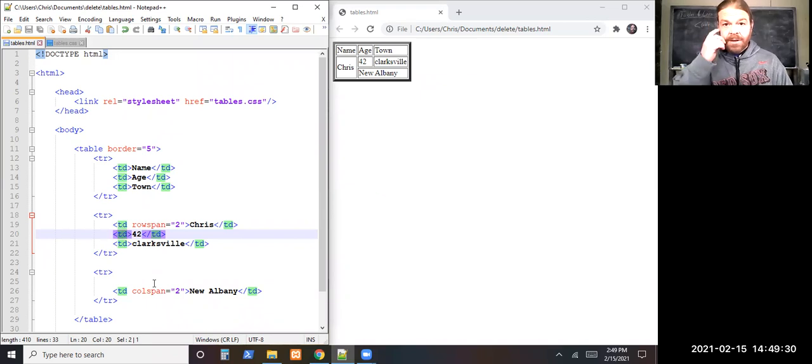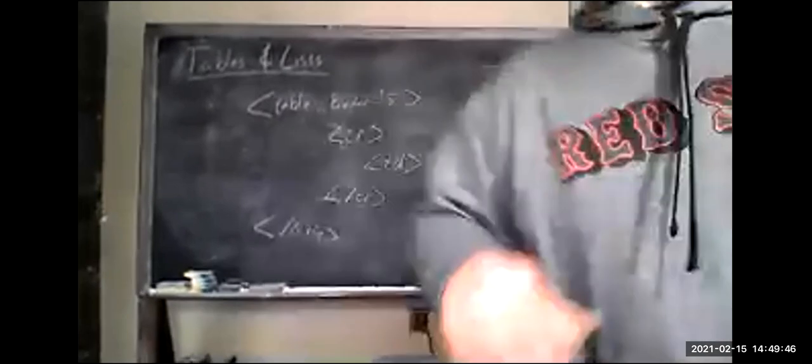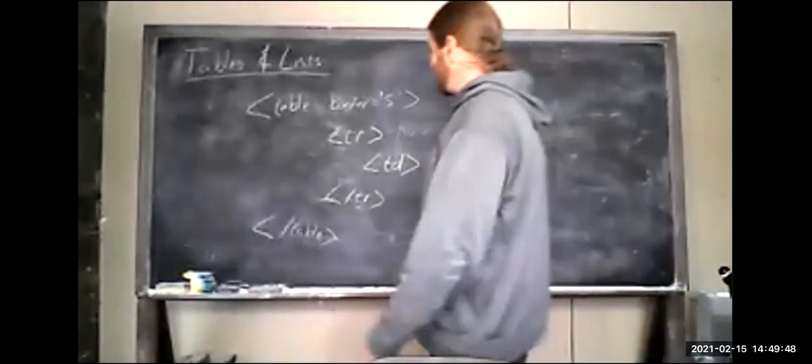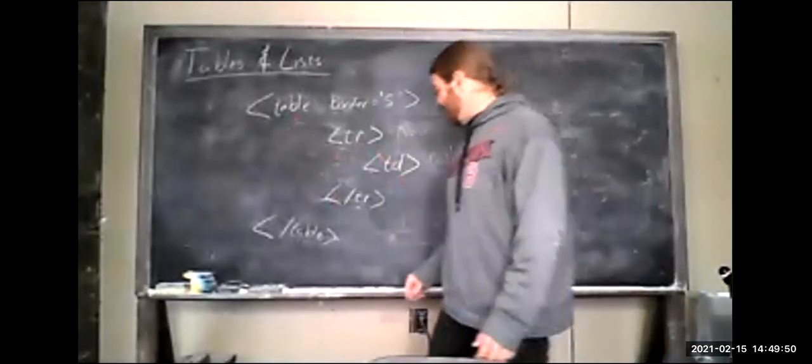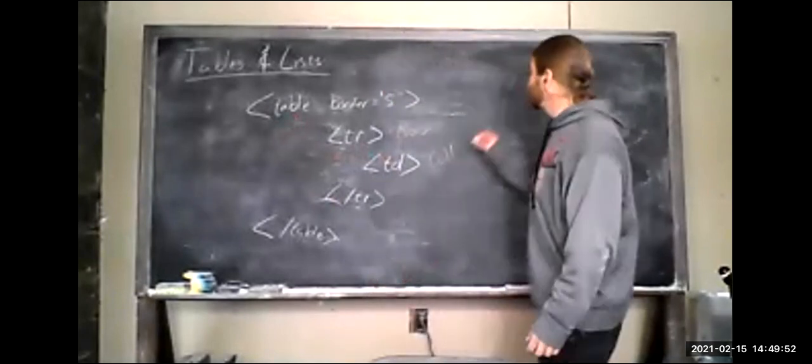But there are some other things that we might want to put in there. In total, there are either 5 or 6 things. So there's 5 tags about the table. Well, I'll list these out on the board. So it's this list. We have the table, table row, and table data. We have to have those.